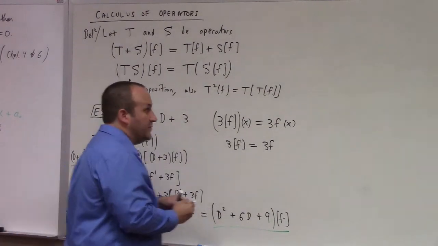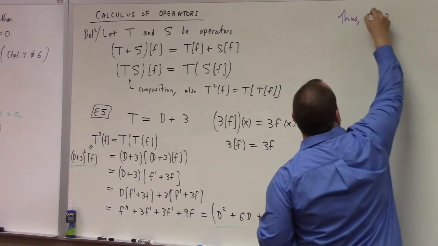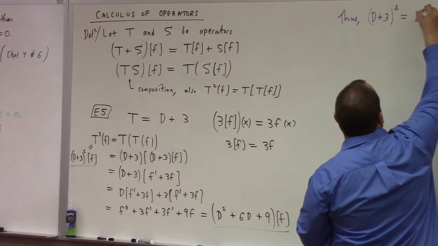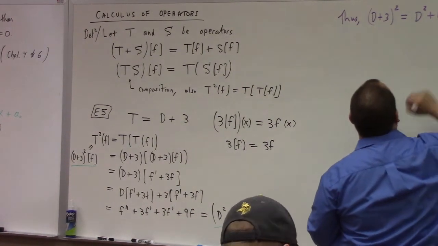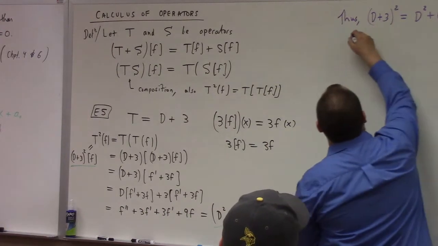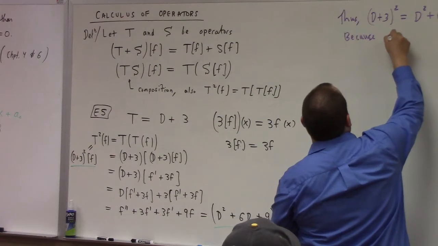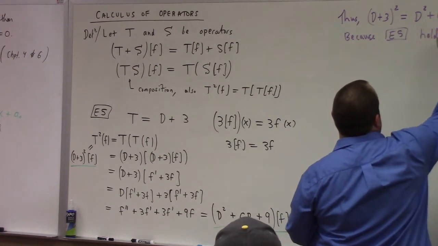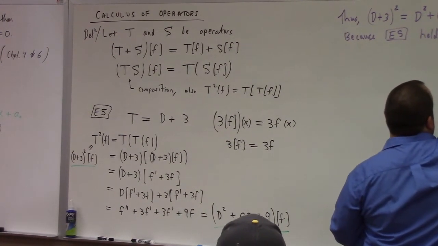We have just shown that d plus 3 squared is equal to d squared plus 6d plus 9. And this is because example 5 held for all functions f.